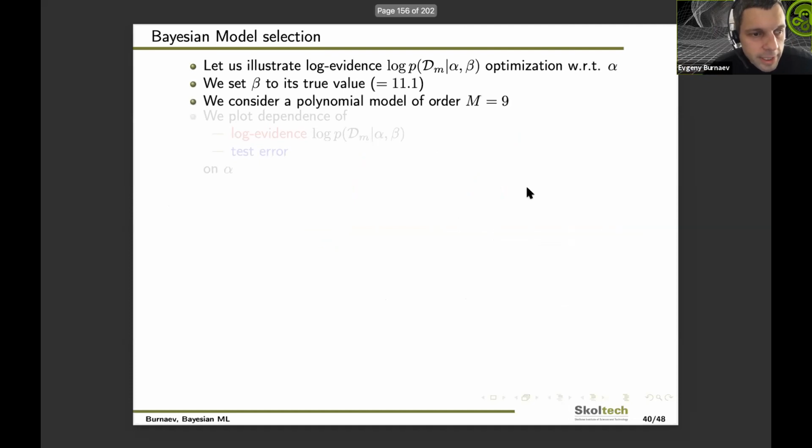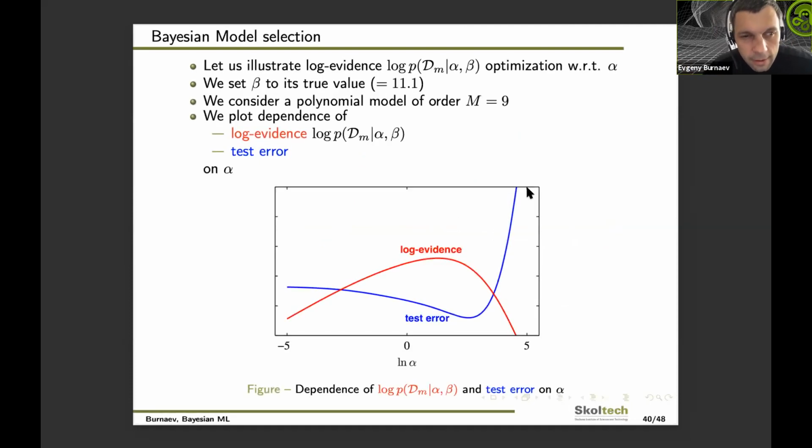Yeah, so Bayesian model selection. Let us illustrate how log evidence also depends on alpha and beta. We set beta to its true value, and we consider a polynomial model of order 9. So the polynomial model contains 9 non-zero polynomial terms. And here we plot the dependence of log evidence with respect to alpha.